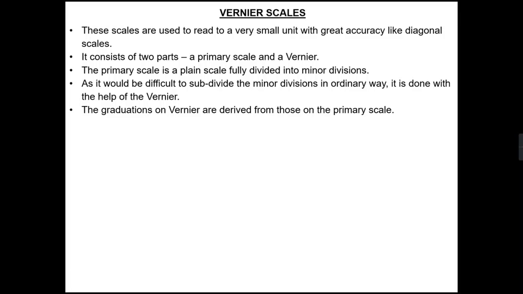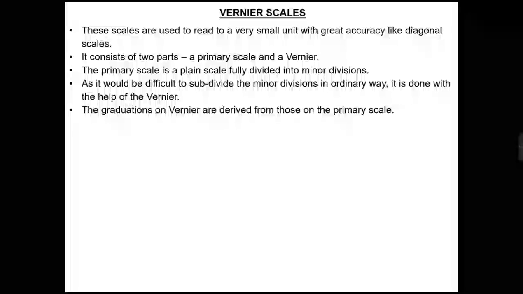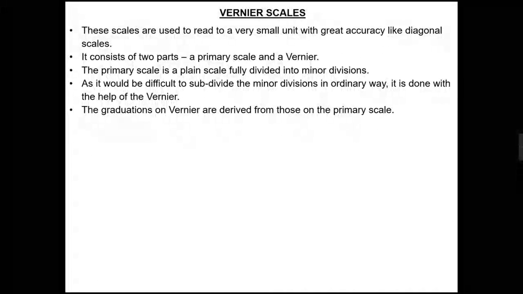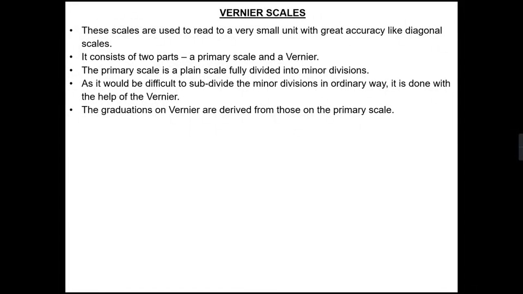These scales are used to read very small units with greater accuracy, like the diagonal scales. Means in this scale also the least count is 1/100th or 0.01. It consists of two parts, a primary scale and a vernier.